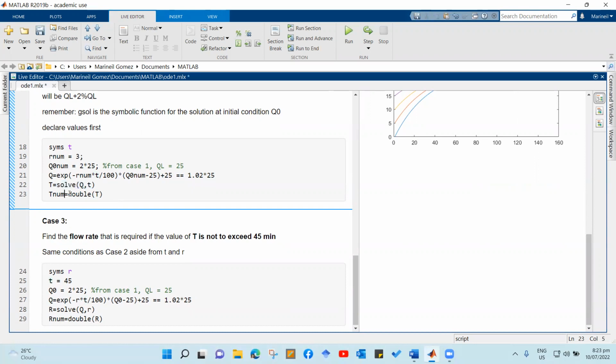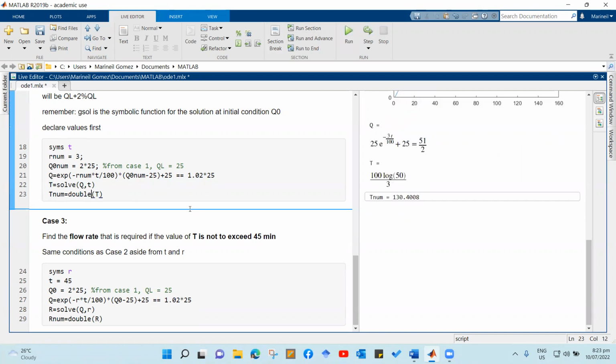So I will be introducing double. The double command converts a symbolic value to a numerical value. So the t is symbolic because we solved it with a symbolic variable, and we want to convert it to numerical, so I have double t.